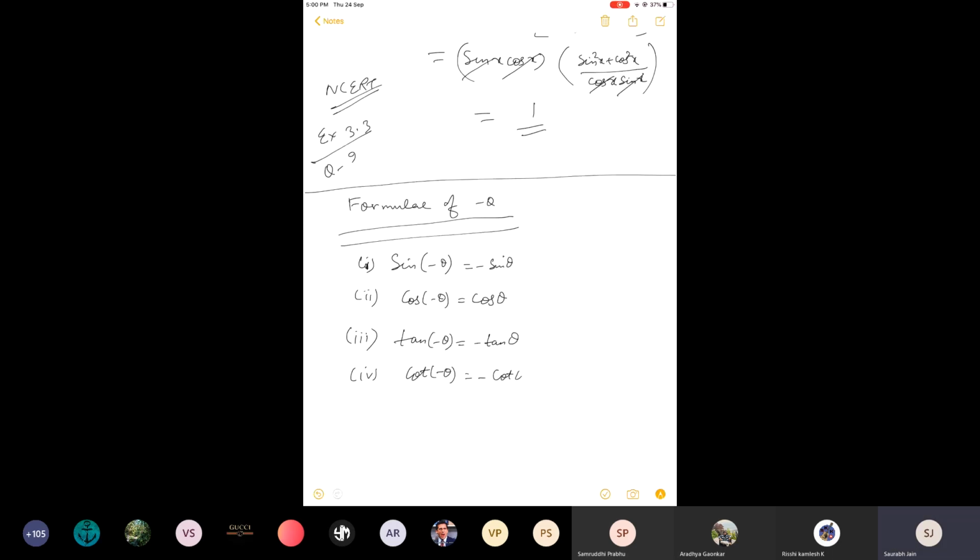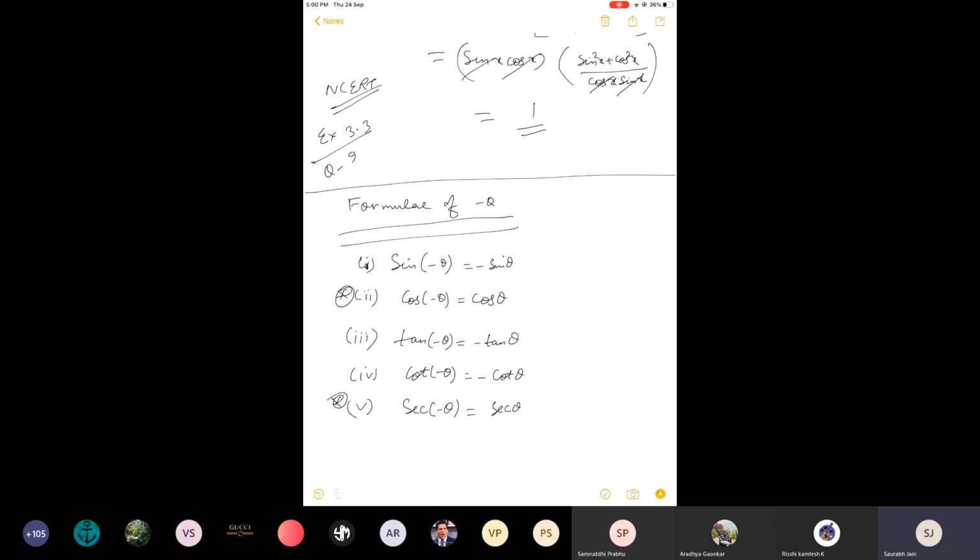See, you will observe that either the minus comes out of the bracket and we write it in front, or it is absorbed within the bracket. Let us see how we'll remember the results. In sec and cos, minus is absorbed, so cos of minus theta is cos theta only.